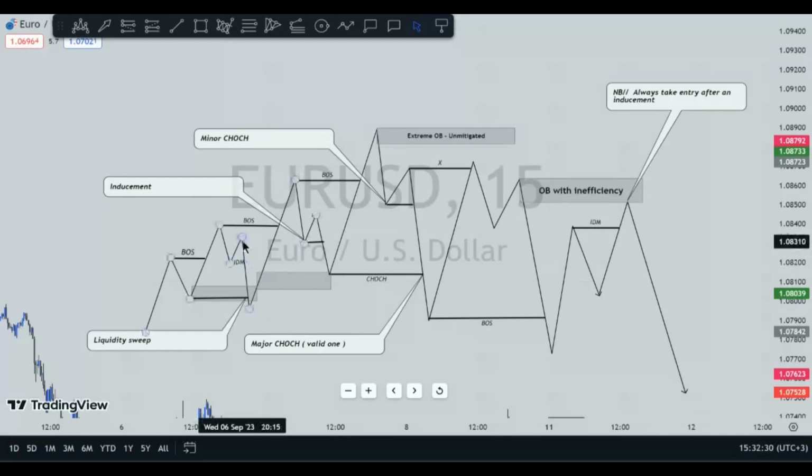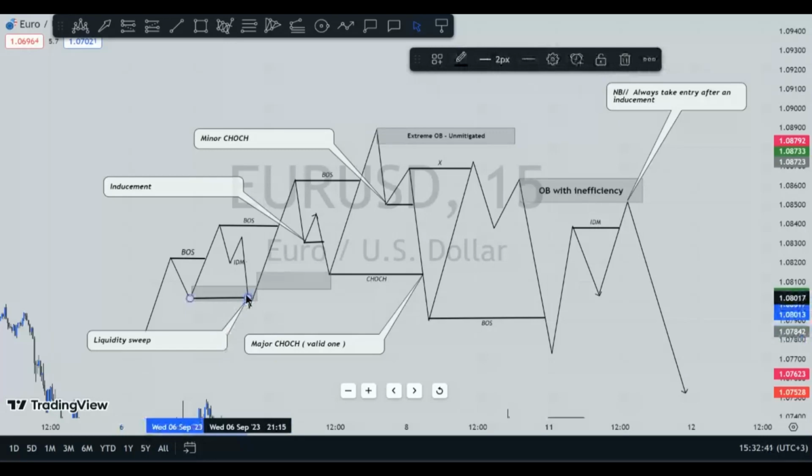So as you can see, price reacted here, went up, then moved drastically down, mitigated this order block over here, and then wicked just below this low to collect the stop losses that are lying over here, and then price rocketed upwards.